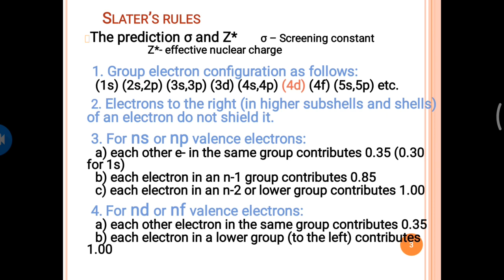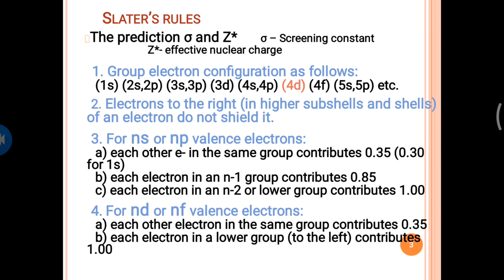But the groups to the left, 1s, 2p, 3s, 3p, 4d, 4s, 4p, do screen and contribute to the screening constant when we calculate for the 4d orbital. This is the second rule.